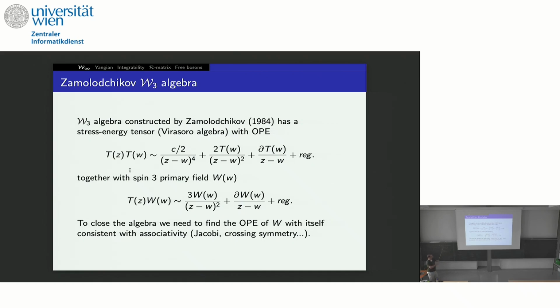And there are certain requirements, like some scaling and so on, and then you also need to satisfy an analog of associativity conditions. And he imposed that by requiring the crossing symmetry of the 4-point function with these insertions.